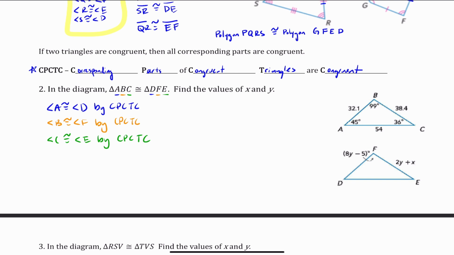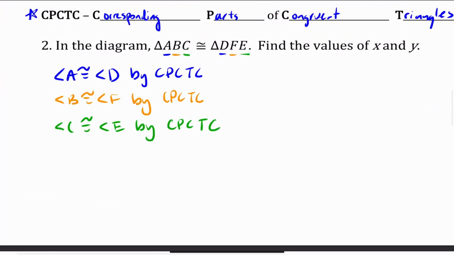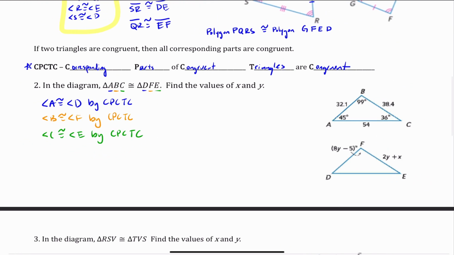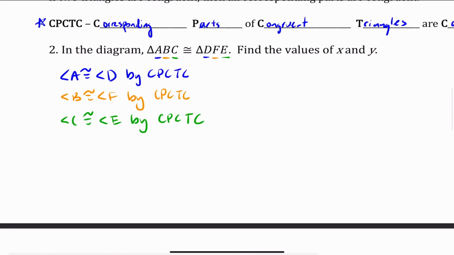Again, order does matter. And then what I'm going to go ahead and do is take a look at corresponding sides. So there's A, B, C. Okay. Figured it out.